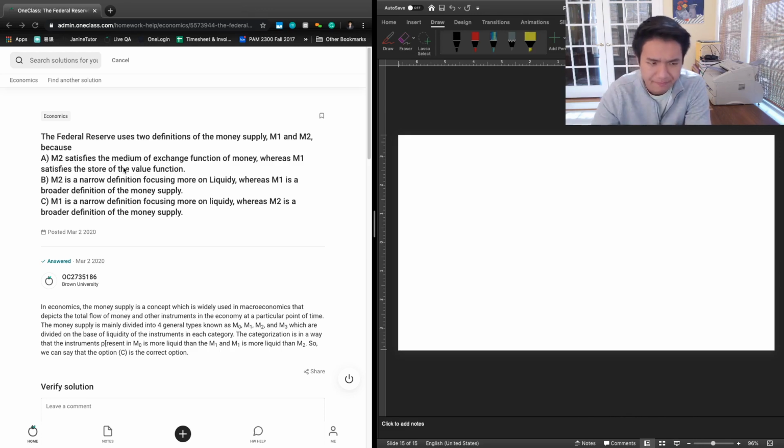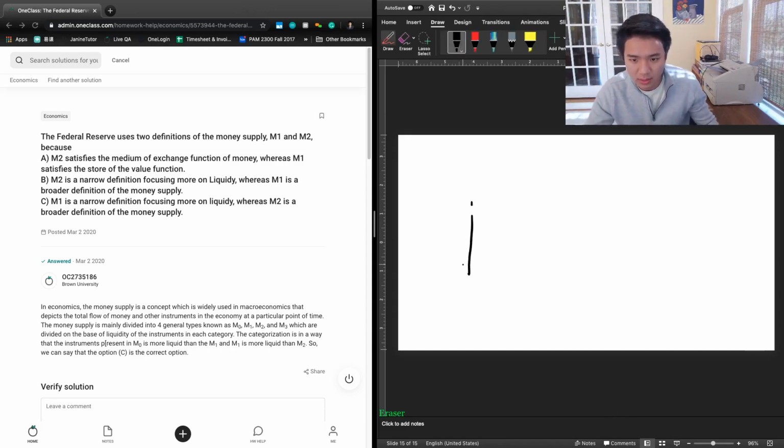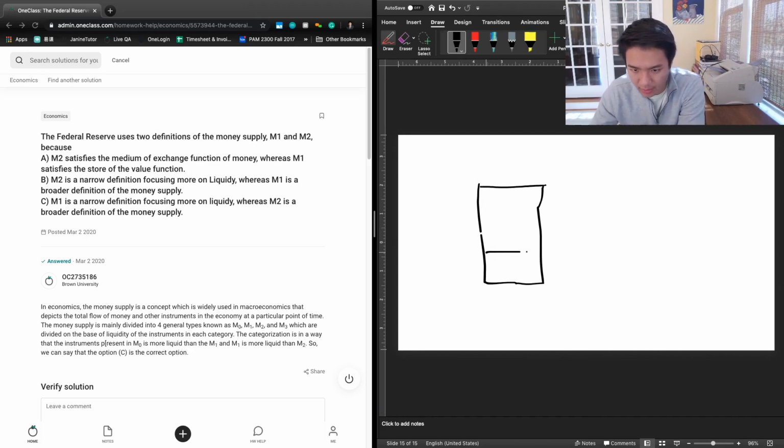So if we could draw this out, if this is M2, maybe like this much would be considered M1, and then M2 would be the whole chunk, right? And so this is our two definitions of money supply. We obviously see that M1 is narrower.